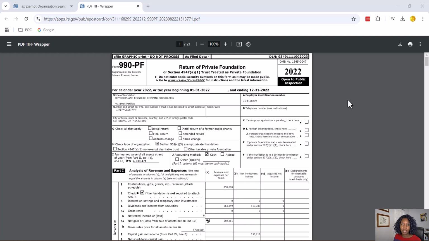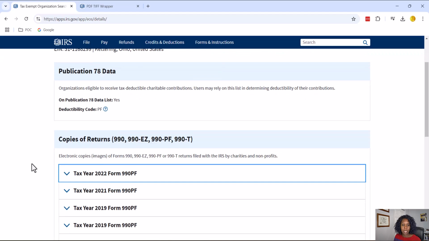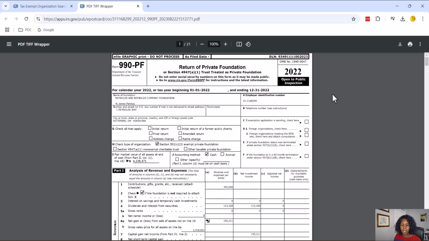But I'm just going to use them as an example of how to use the 990 forms with grant researching. And you can see right on the IRS website, you have access to all of their prior Form 990 tax returns. Okay, so let's go back.